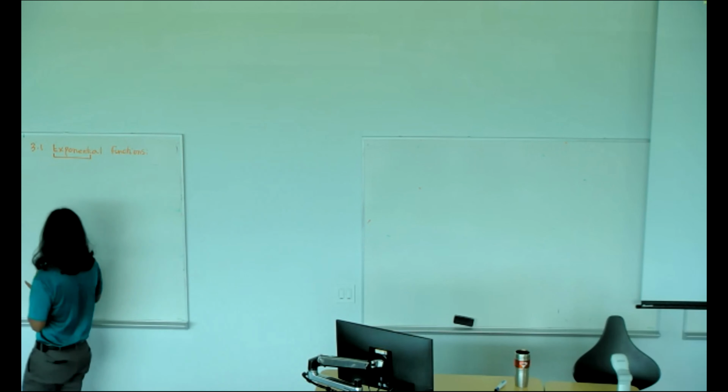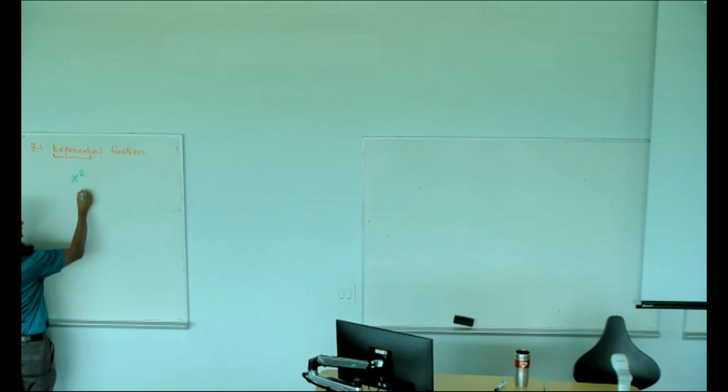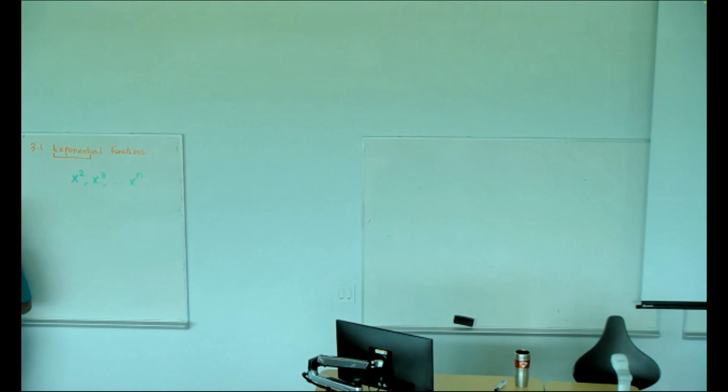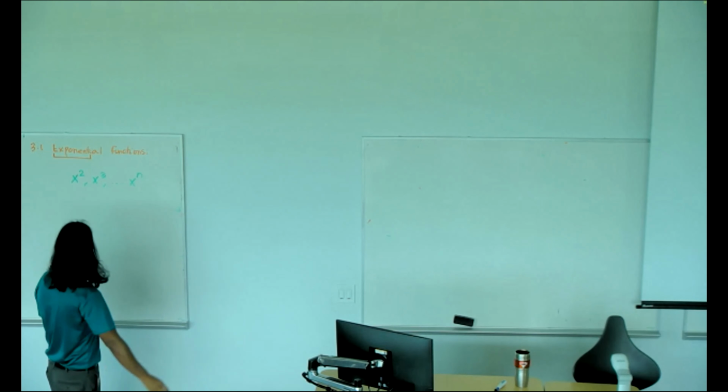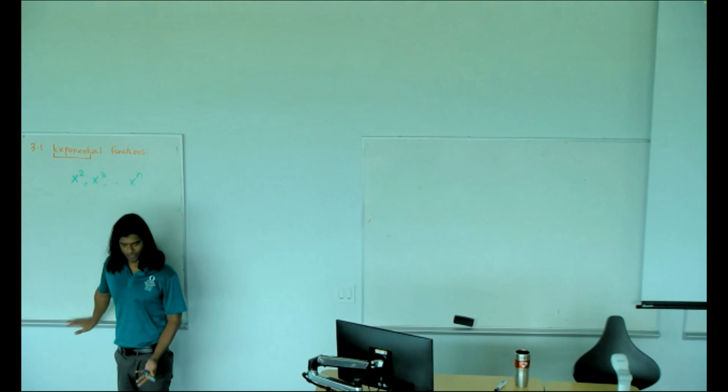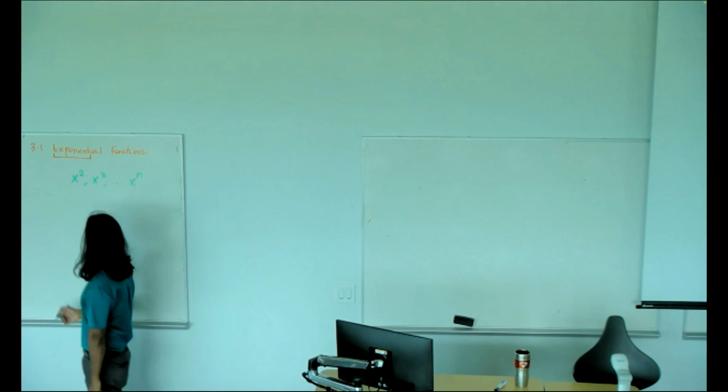So we all know x squared, x cubed, x raised, and we have raised something to the power. All this time, nothing wrong with it. They are exponents in a way themselves.